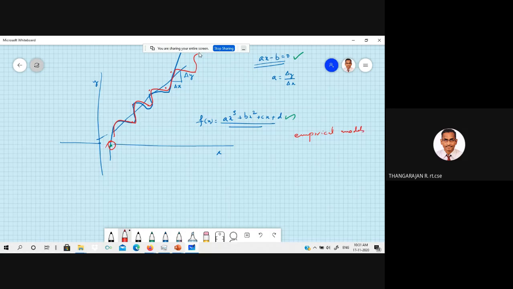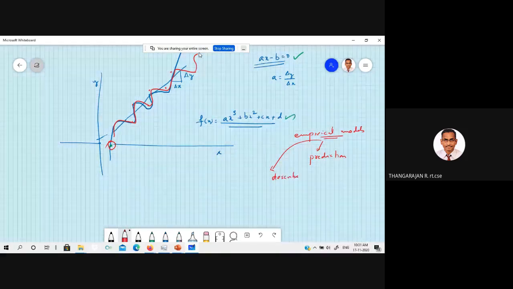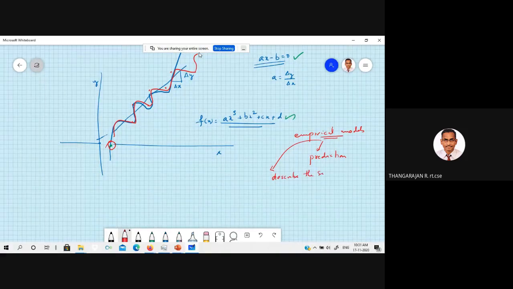With whatever data you have, you can describe the system, so empirical models can be used only for prediction, not as a whole. So the only thing I can do is prediction. That is what machine learning is all about.